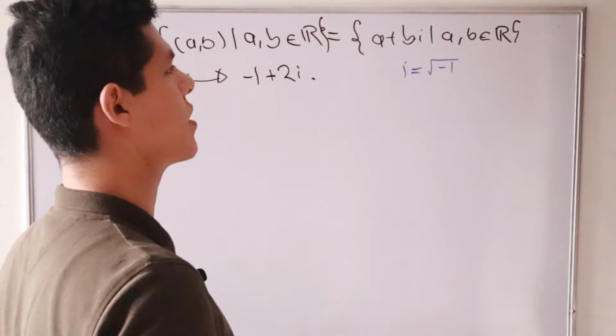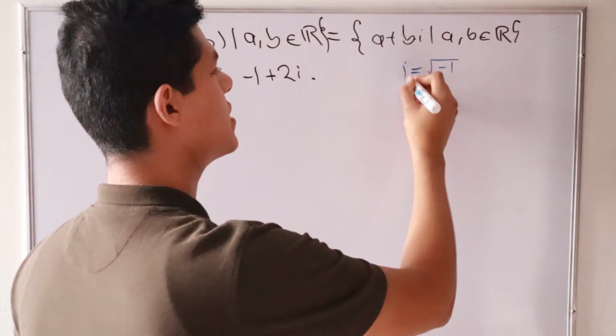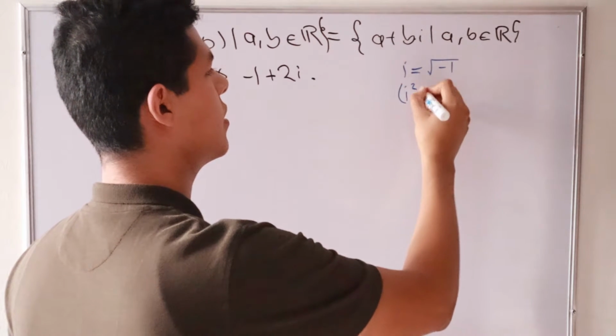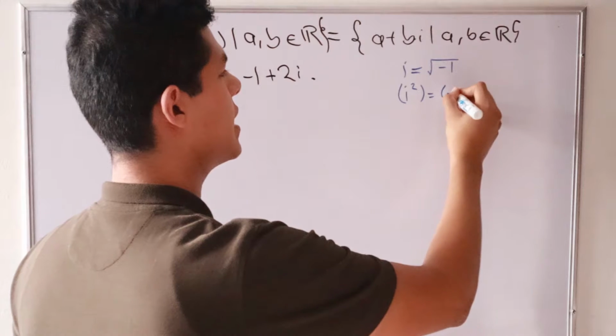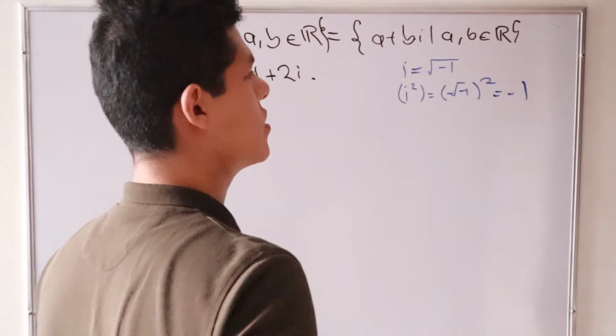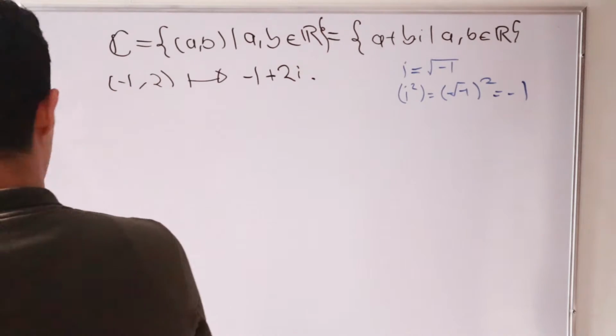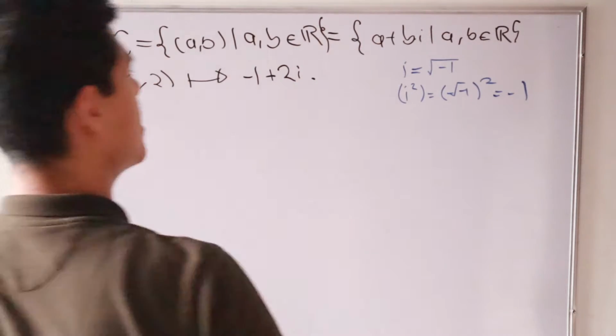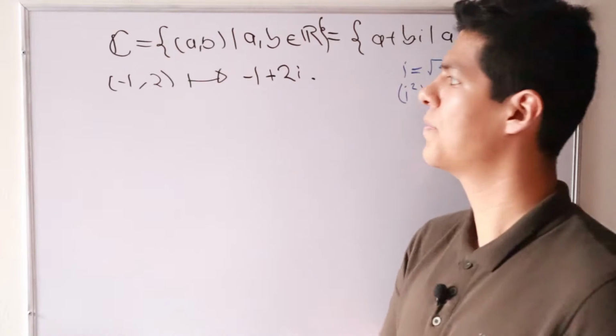It is essential because when you raise this to the power of 2, it is -1. So that's why we need to create a new set, in this case the complex numbers.